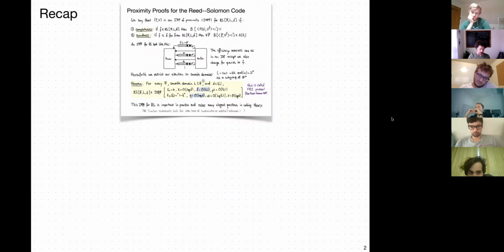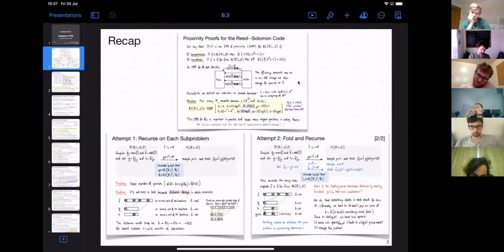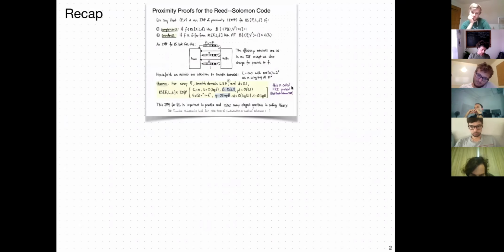In this model, we have a prover and a verifier. I want to make sure that all of the points are extremely clear. So we have the function f. This is the function that we want to test.